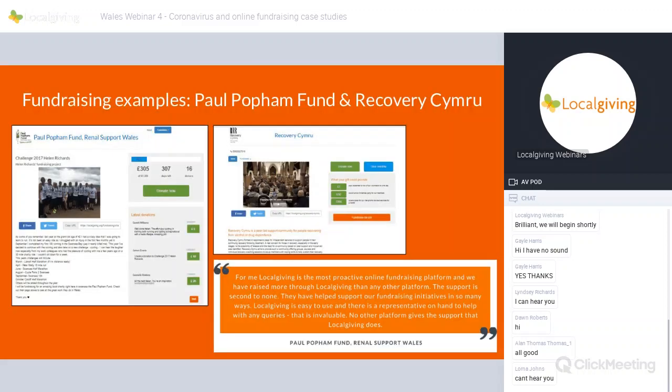Two more examples that I've talked about previously as well. So the Paul Popham Fund and the Recovery Can Read, they both just do things that I think are really easy to replicate. So Paul Popham Fund encourages people to do 12 challenges over 12 months. They predominantly work with children, and they encourage the parents of the children they work with to get involved with fundraising.